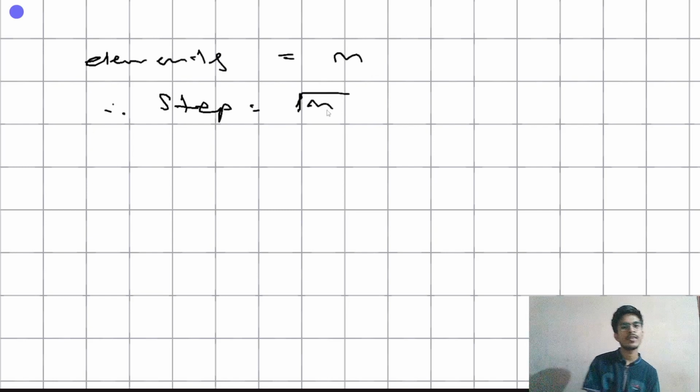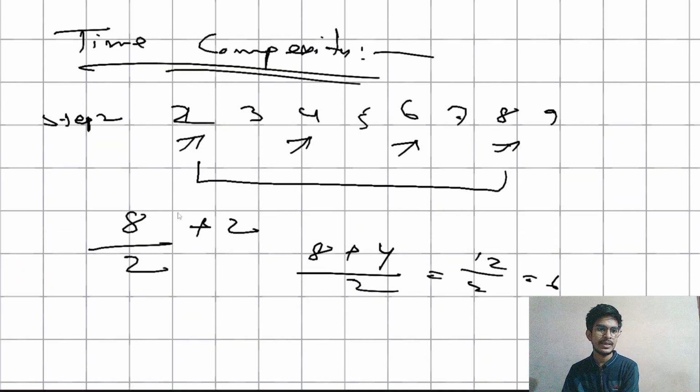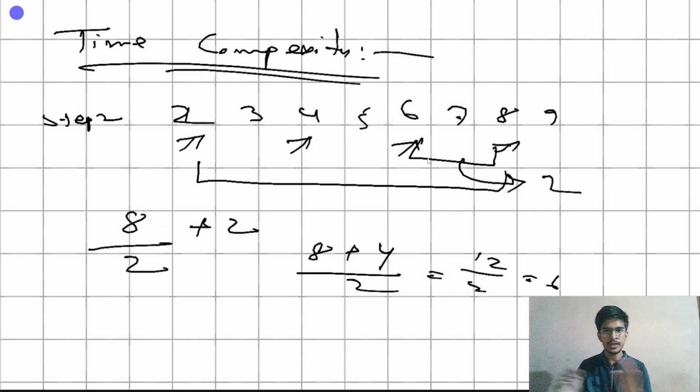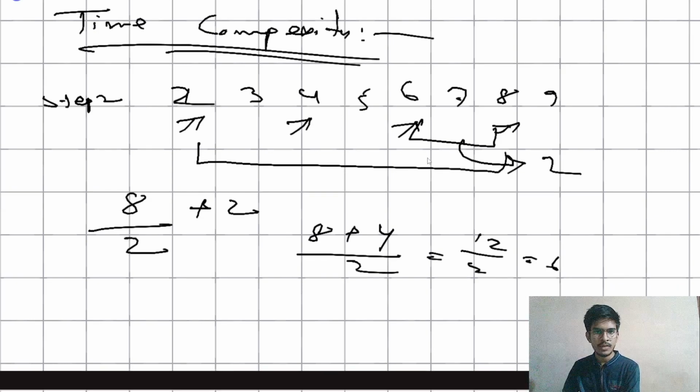Now if we calculate, we get n elements divided by the step, plus the linear search we're doing here. It will take two iterations, like 0, 1, 2, or 2 plus 1, three iterations.